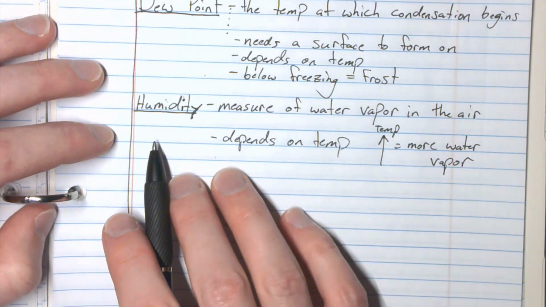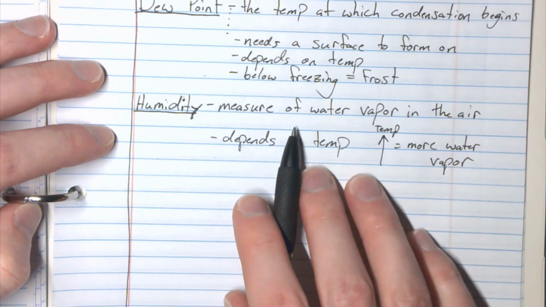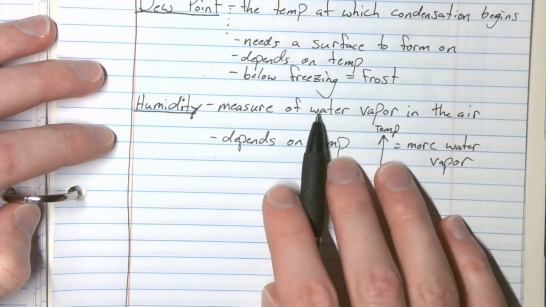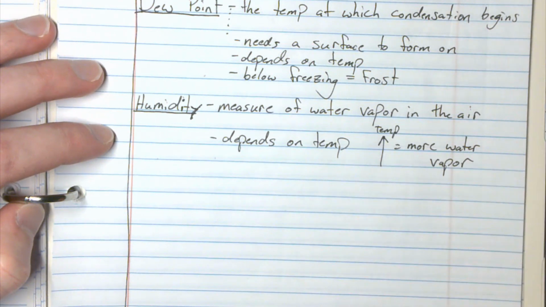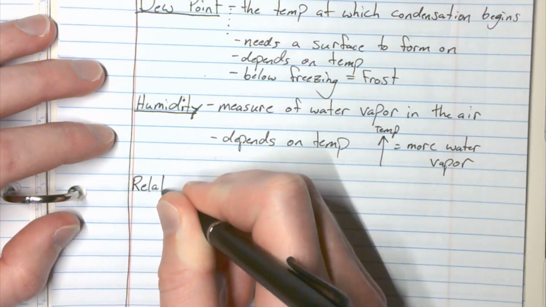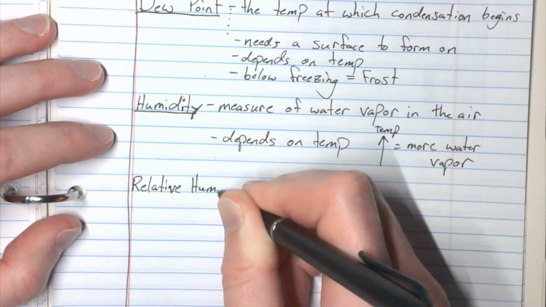And there's a way that it's going to be more commonly talked about, because you could say, oh, it's humid, but what does that mean? Like, obviously there's going to be water vapor in the air, but how does that affect us? So most of the time it's talked about as relative humidity.